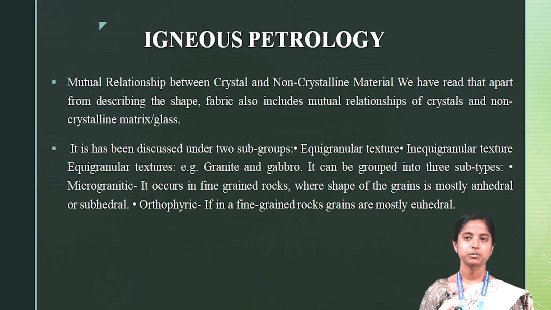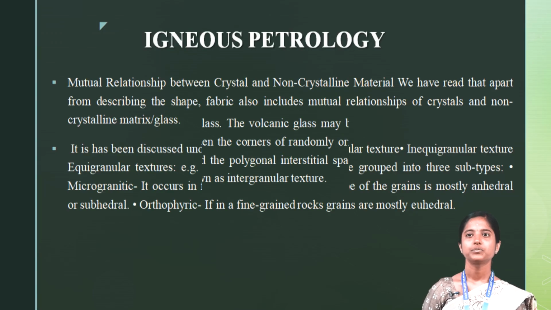They are of the following types: porphyritic texture, poikilitic texture, intersertal or intergranular texture. Usually there is a marked difference in the grain size of a rock, but if the variation from large to smaller is systematic and gradual, then it is known as seriate texture.